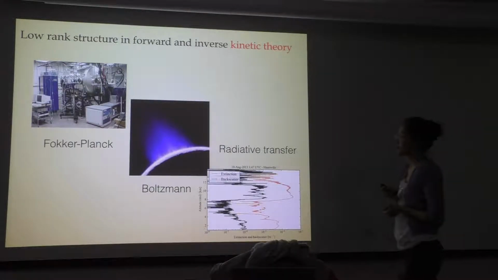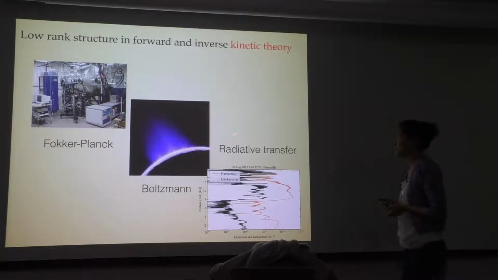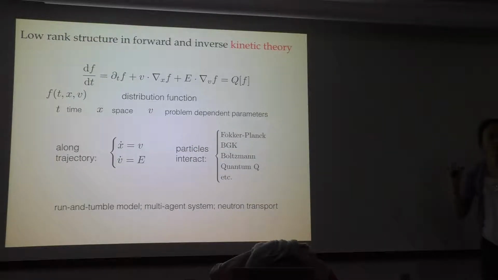Either the Fokker-Planck equation for plasma, or the Boltzmann equation for water vapor, or the radiative transfer equation for the photon particles. And you can imagine if you have a large number of particles and they follow the same physics laws, instead of tracing the trajectory of each particle, we want to describe the statistical behavior of the lump of particles.